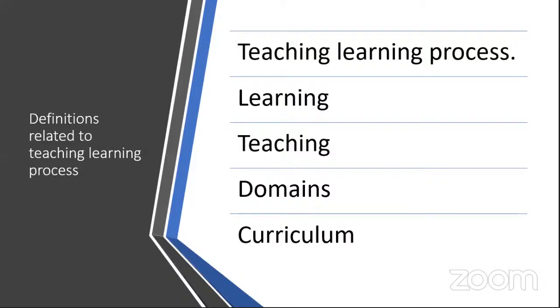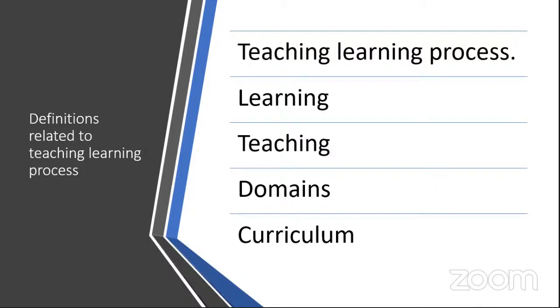Then moving to learning. Learning can be defined as a relatively permanent change in an individual's behavior that can occur at any time or place, consciously. The process of teaching and learning aims at transmission of knowledge, imparting skills, and formation of attitudes, values, and behavior.